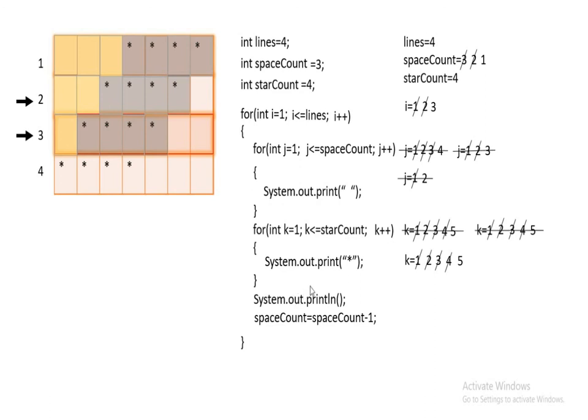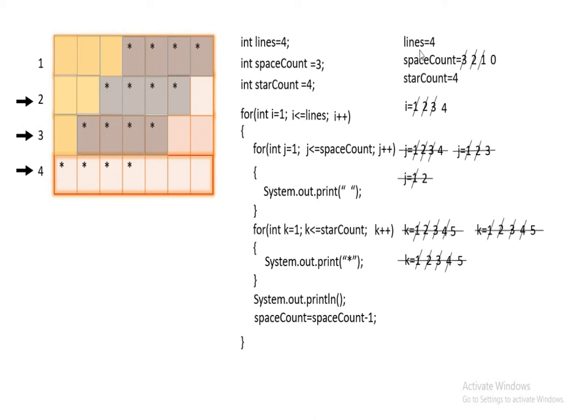Now end this for loop and print a new line. Then reinitialize the space count variable, space count becomes 0.